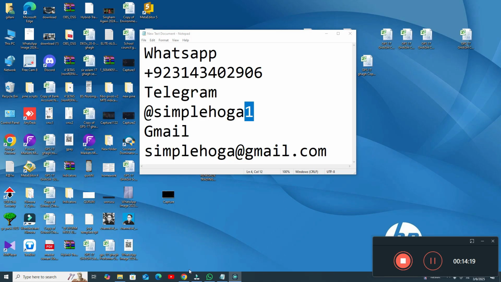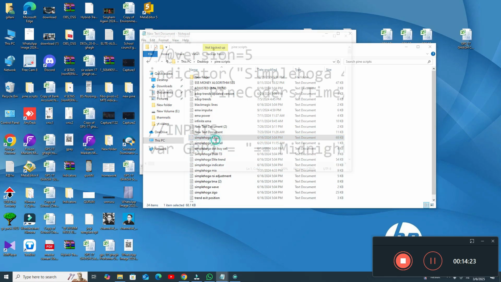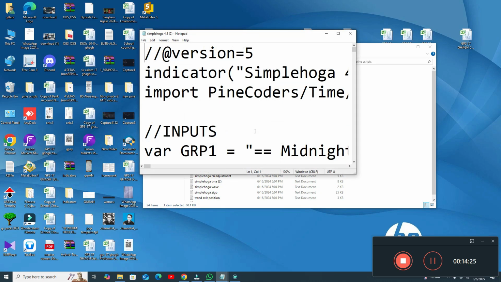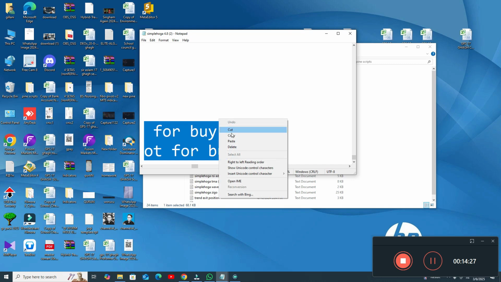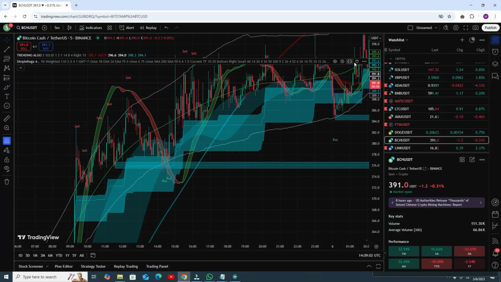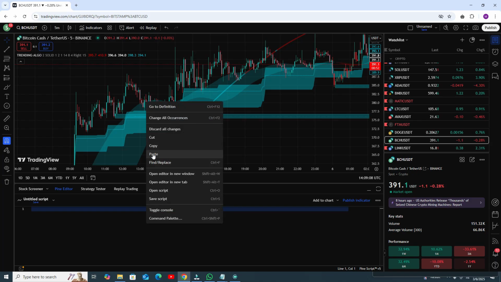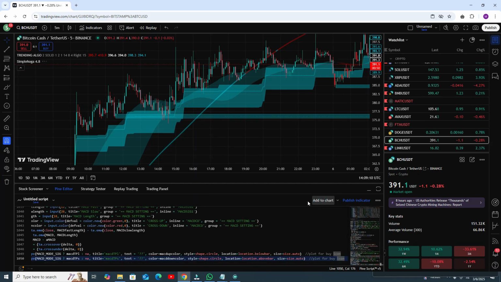Now the last question, how you can add the indicator. First you need to add this indicator. Control A, copy the code, then go to the Pine editor. Remove all the code from here and then paste my code, then click on add to chart. The second indicator you need to add is trending algo.